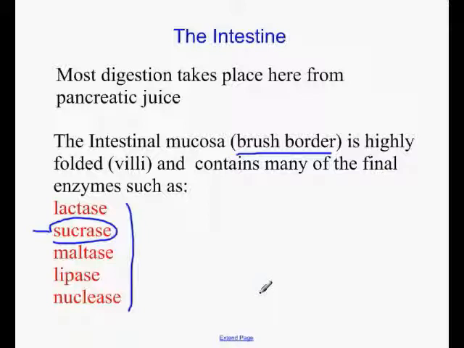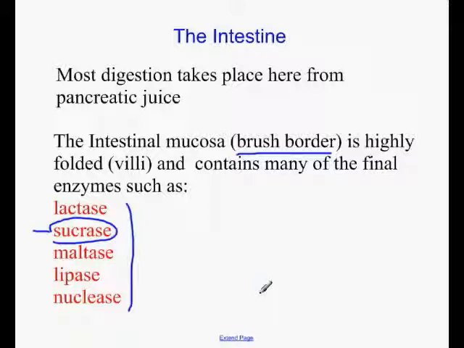So, bottom line, when things hit those enzymes in the small intestine wall, they finally get converted into amino acids or simple sugars or fatty acids. Now, why would the final enzymes be in the wall of the small intestine? Because, remember, the small intestine is going to actually absorb those goodies into the bloodstream.